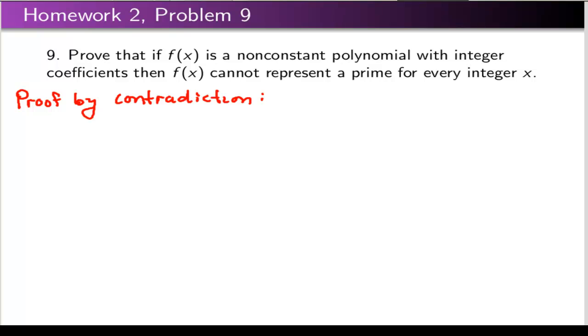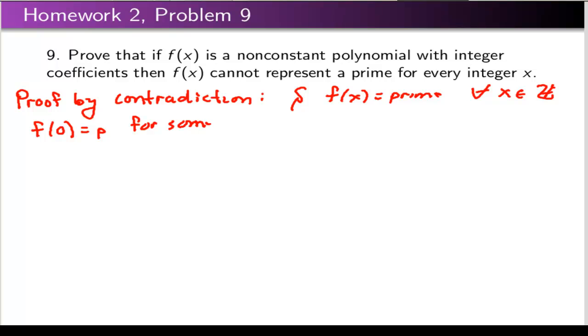Let's suppose it does represent a prime for all integers. Well, then in particular f of 0 is a prime, some prime p. And what would f of p? What could you tell me about f of p then?